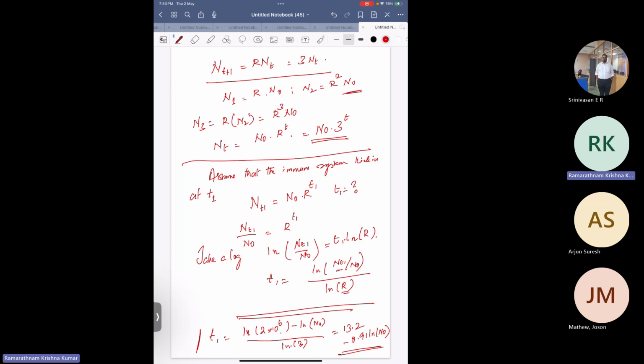Initial load is high. What happens to T1? It's smaller. So what does it mean? The immune system kicks in sooner. So a guy who is infected a lot more, the immune system kicks in earlier, faster.